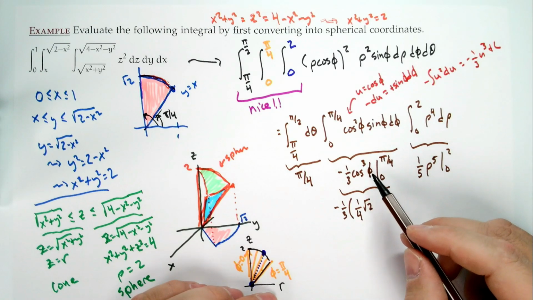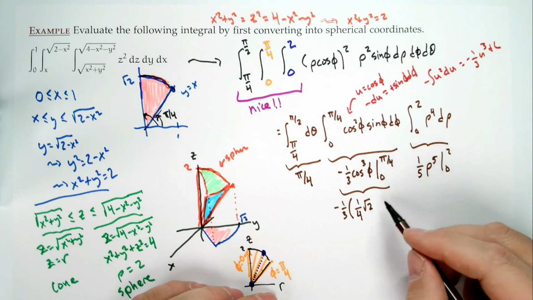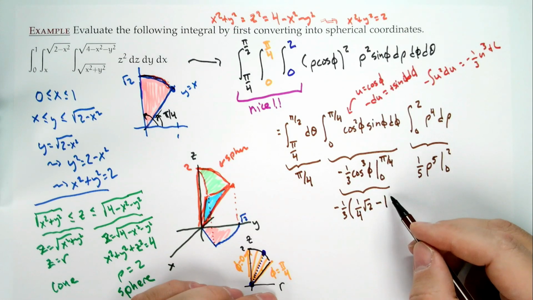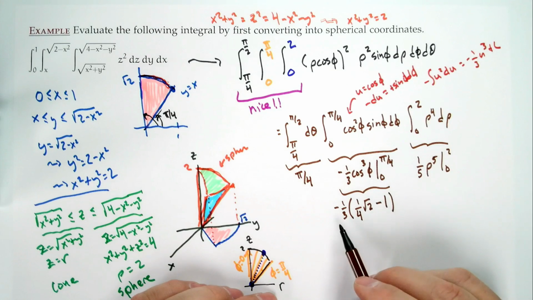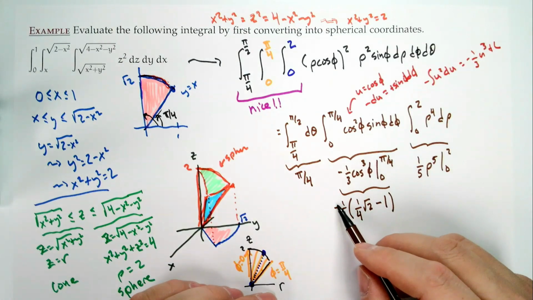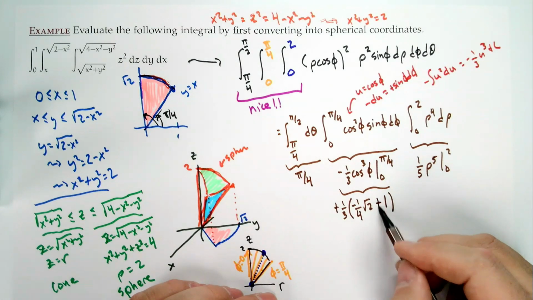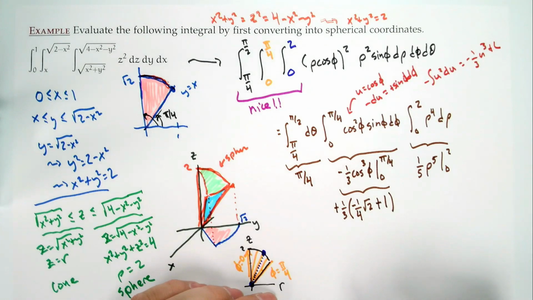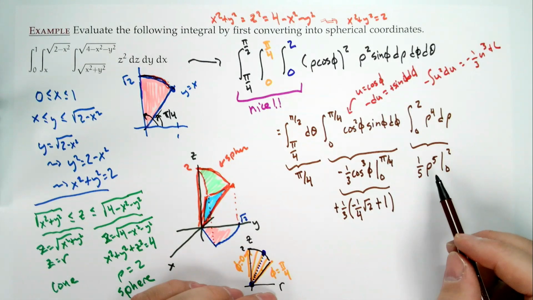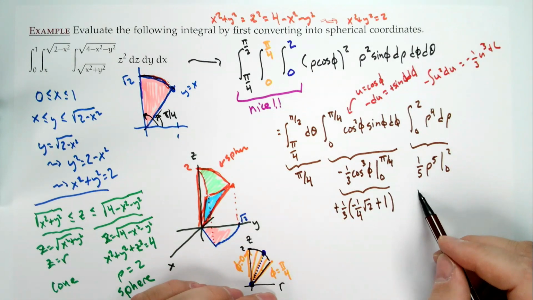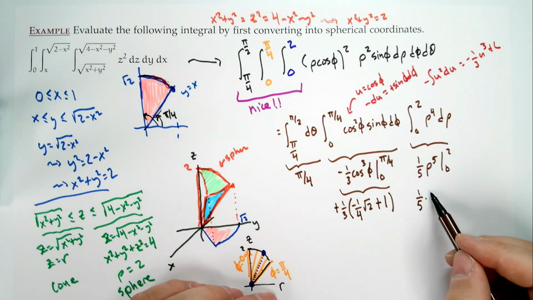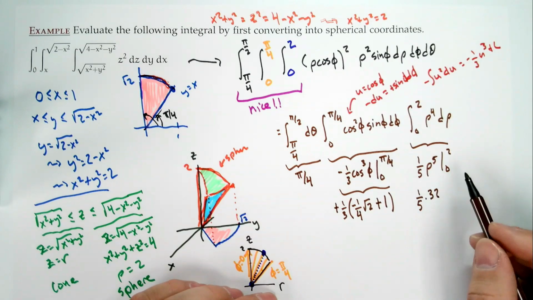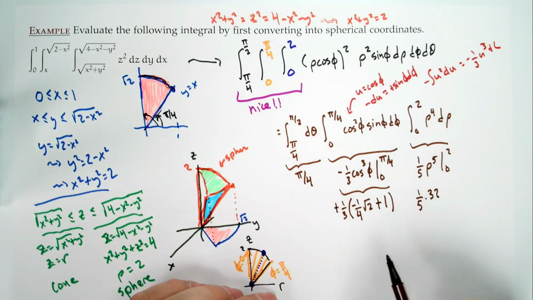Subtract, plug in 0. Well, cosine of 0 is 1. So 1/4 root 2 minus 1. Well, the minus helps make that positive, so if we put the minus through, 1 minus 1/4 root 2. Over here, we're going to get 1/5 times 32. And then subtract 0.